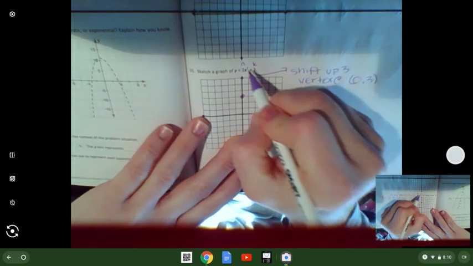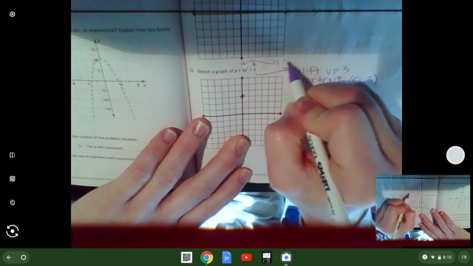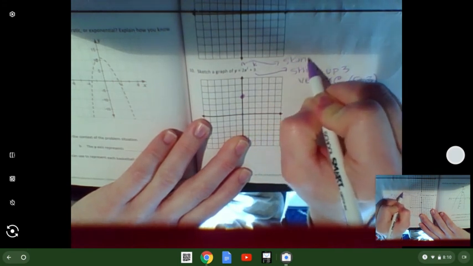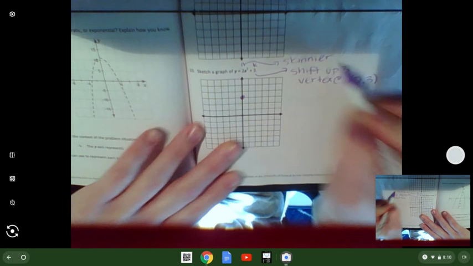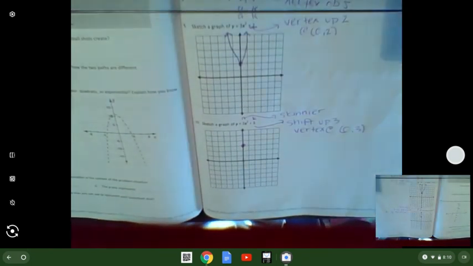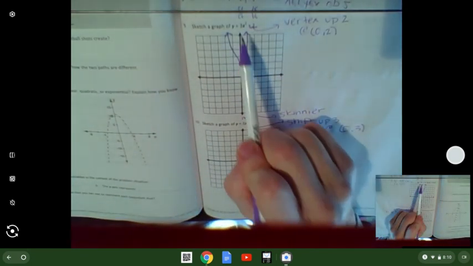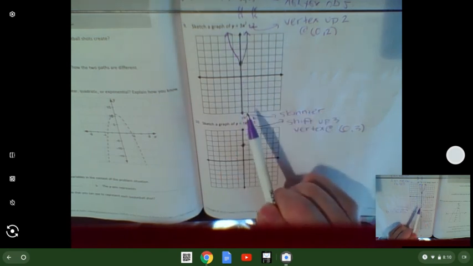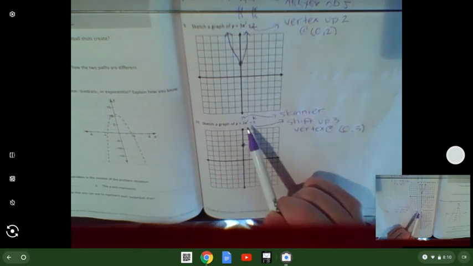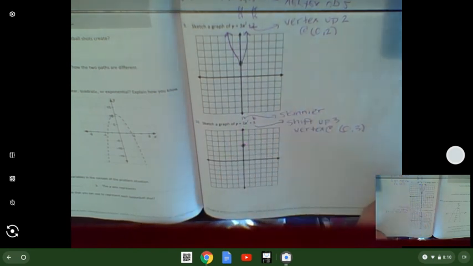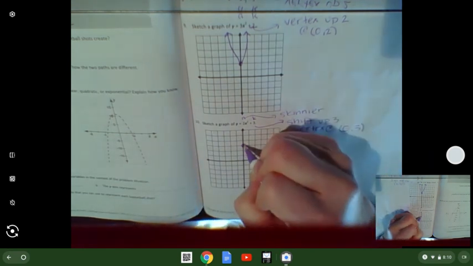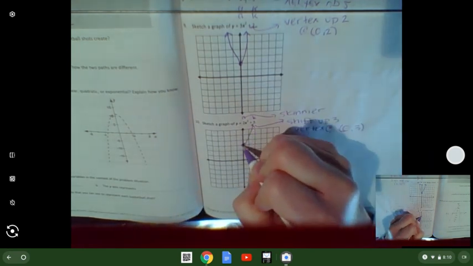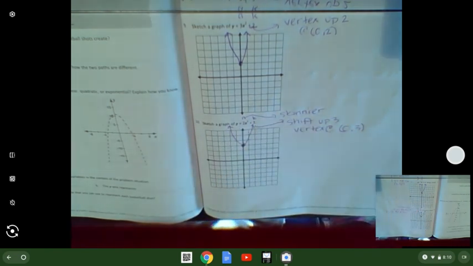And that 2 does mean I'm going to be skinnier than a normal x squared graph. Does that mean I'm going to be as skinny as number 9? No, because if I work out 3 times as much, I'm going to be skinnier than a person who works out 2 times as much. 2 is still going to make you skinnier than just old x squared, but not quite as skinny as someone who works out 3 times as much.